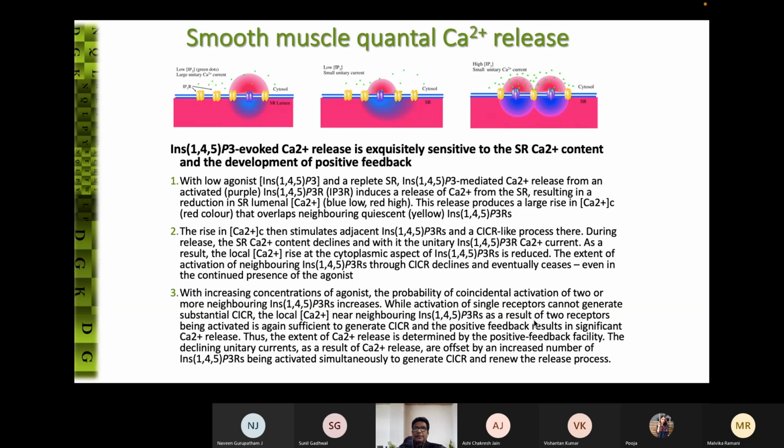And the response is of different kinds. For example, calcineurin responds both to the level of the calcium, the concentration that it reaches wherever the calcineurin is there within the cell, and also to the frequency at which it comes.